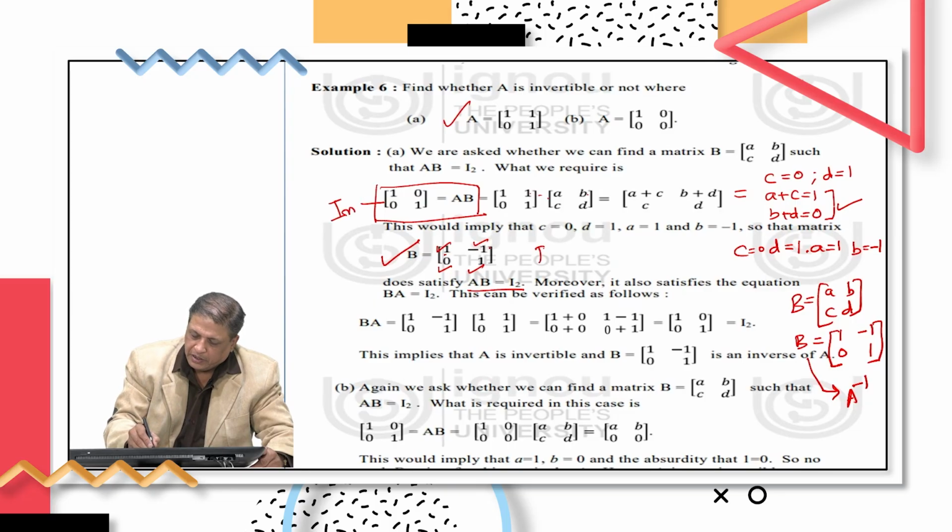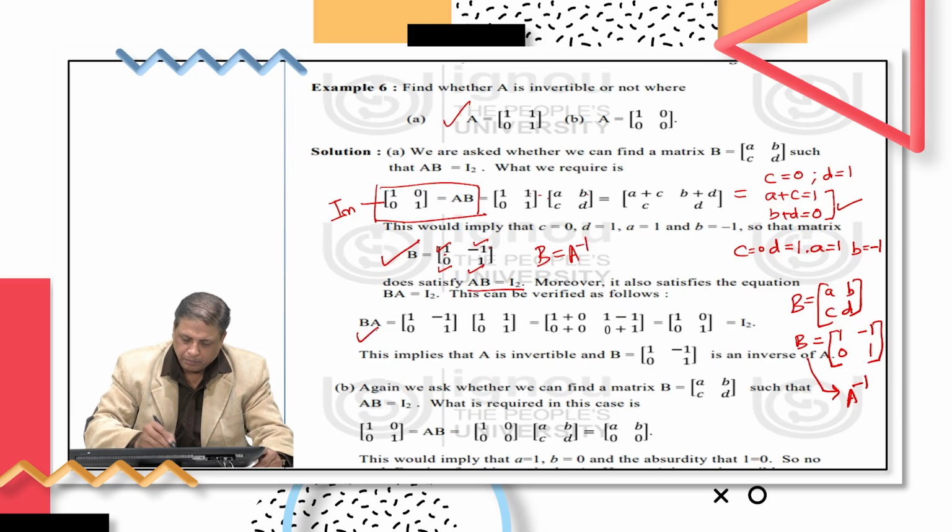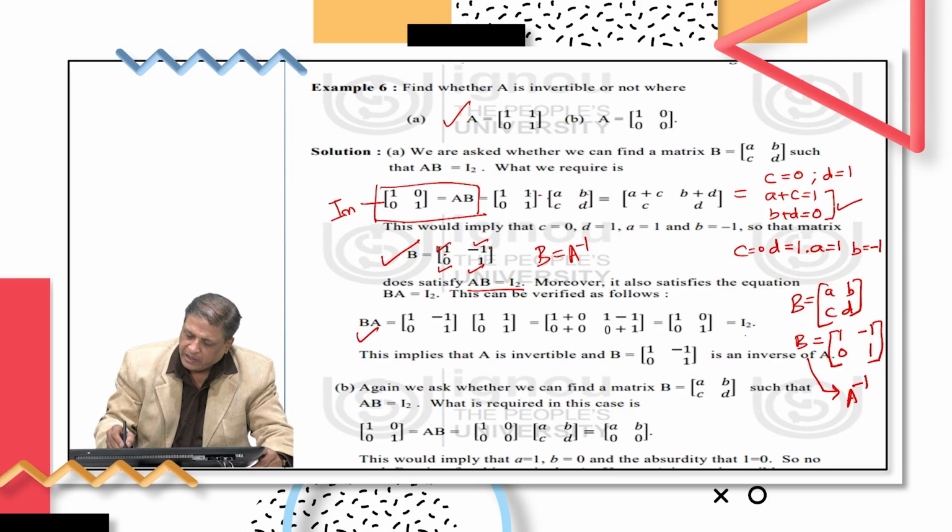So that's why B is the inverse of A. Now we can verify B into A, whether we get the result as an identity matrix. Substituting A and B over here, and performing the multiplication, we get an identity matrix.